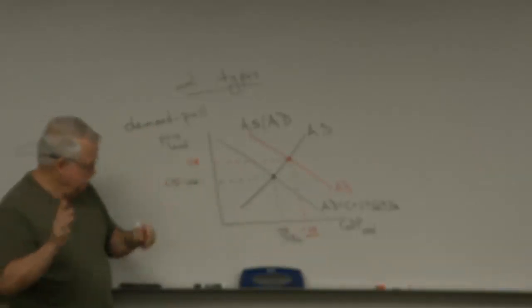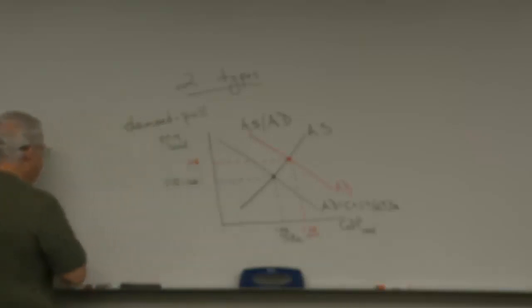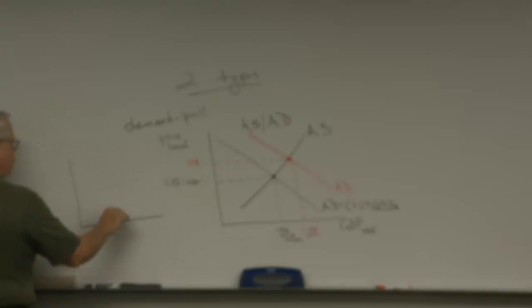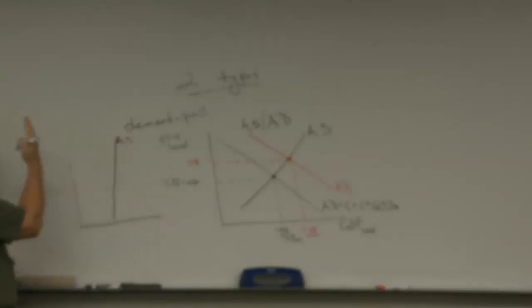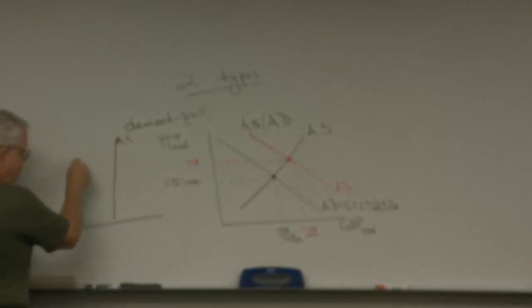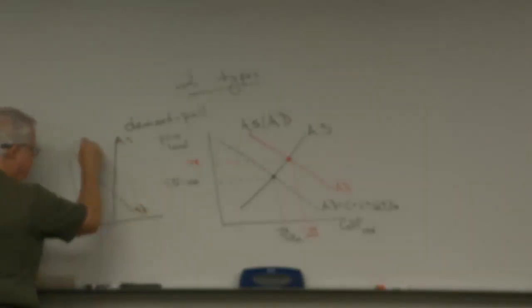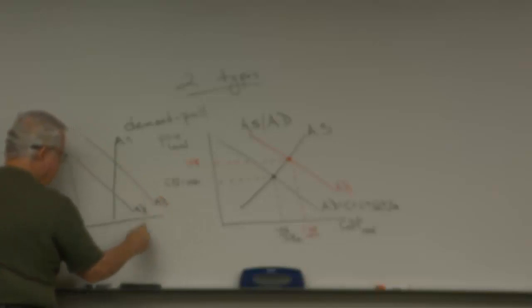Okay, so far? Look at this quick graph over here by contrast. What if the aggregate supply curve looked like this? Kind of steep. And you had an increase in aggregate demand from here to here, AD1 to AD2.